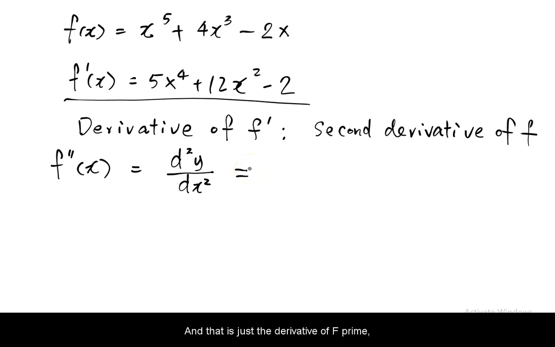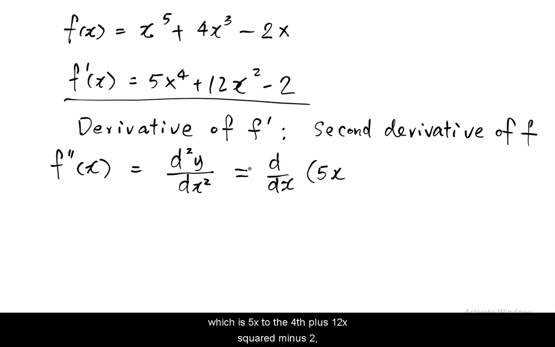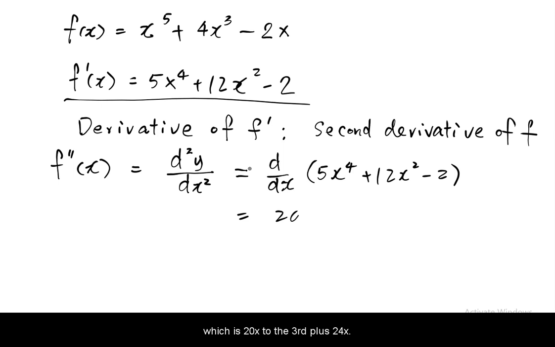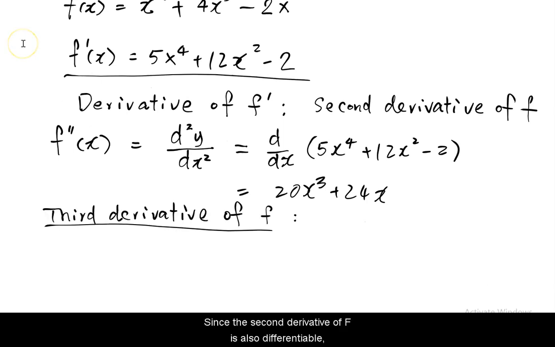And that is just the derivative of f prime, which is 5x to the fourth plus 12x squared minus 2, which is 20x to the third plus 24x. Since the second derivative of f is also differentiable, since it's a polynomial, we can find the third derivative of f, and we write it like this.